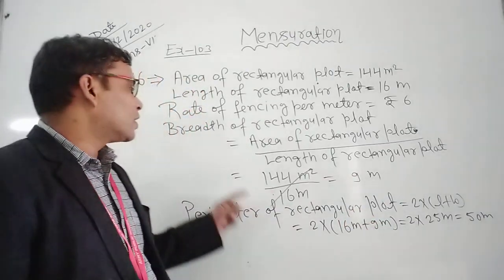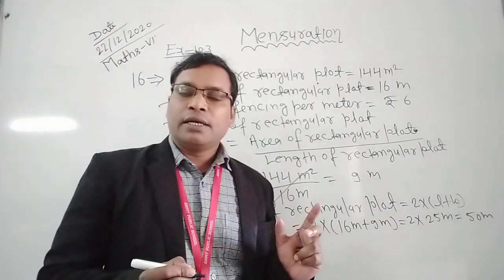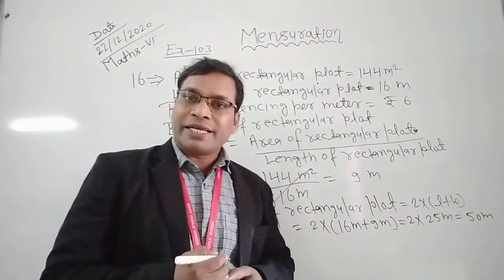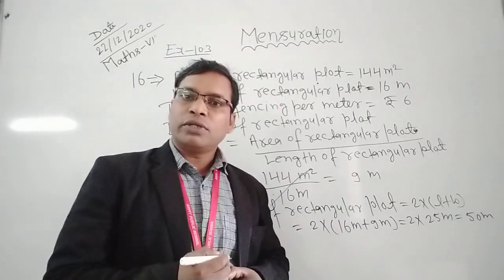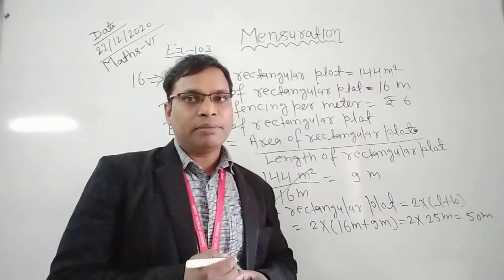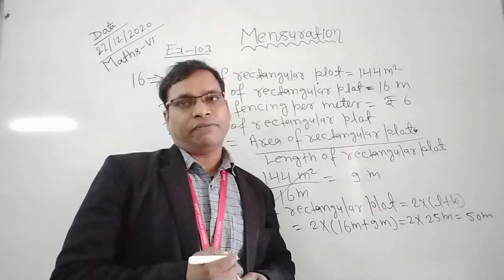And now we find the cost of fencing. Actually, perimeter is equal to the length of fence of the rectangular plot. If you multiply the rate of fencing by the perimeter, we get cost of fencing.